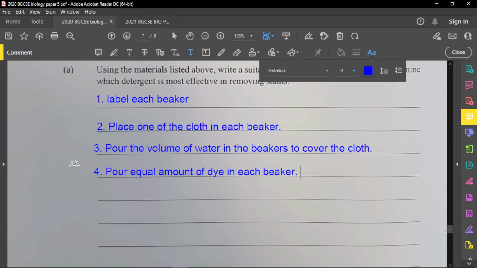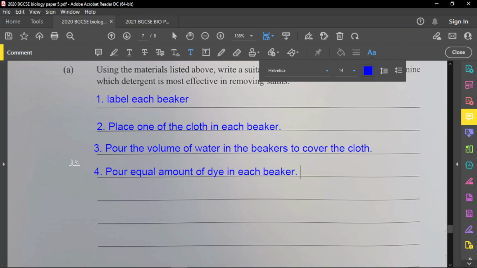The method I'm doing now is to stain the entire cloth. And why I'm doing that, because if I use a drop or 2, I don't know how far the dye may spread, but I want to stain the entire cloth. But you can also do it and stain only a portion of the cloth.